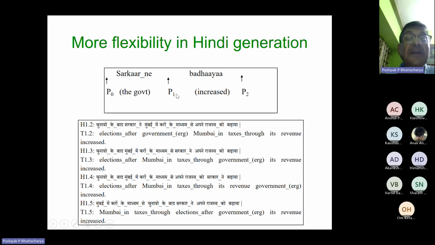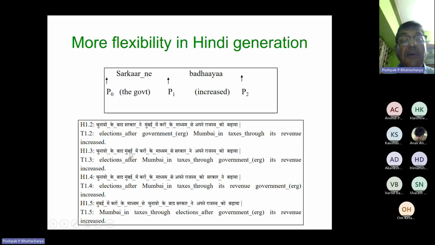And in P1, we have placed Mumbai में, which is a special adjunct, करों के माध्यम से, which is an instrumental adjunct. Both we have placed here. And अपने राजस्व को, that also has been placed in P1. So Sarkar ne badhaya, they hold the fort, and in between the other textual elements are inserted.